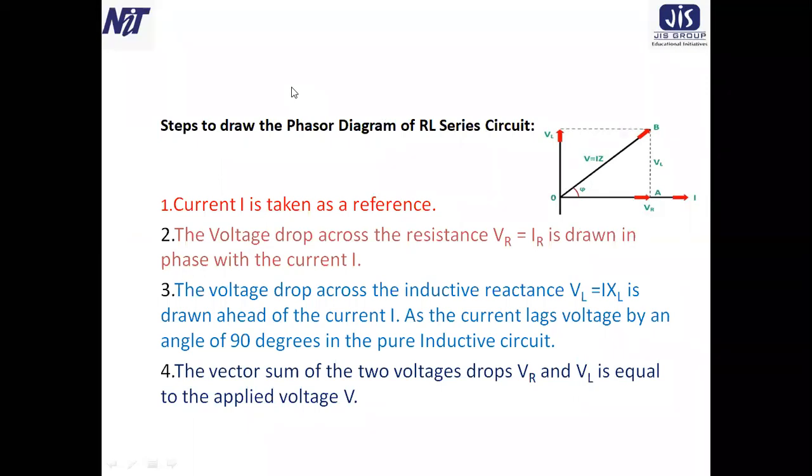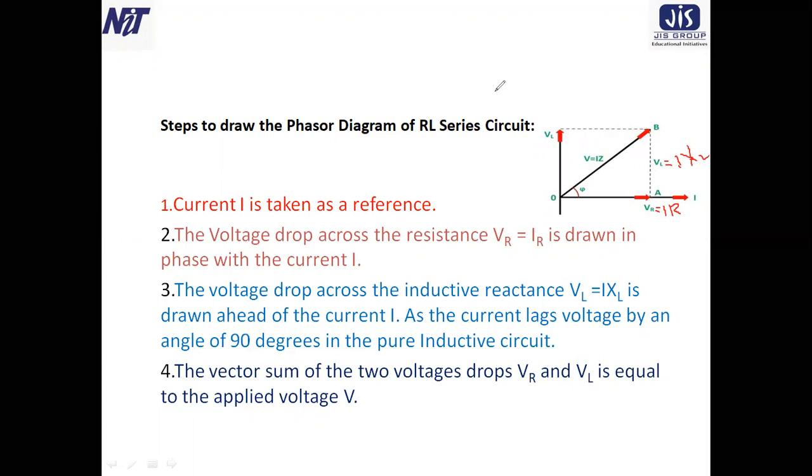Now for this case, what is the value of VR? It is nothing but I into R. And what is VL? VL is nothing but I into XL. Several times we have done this.